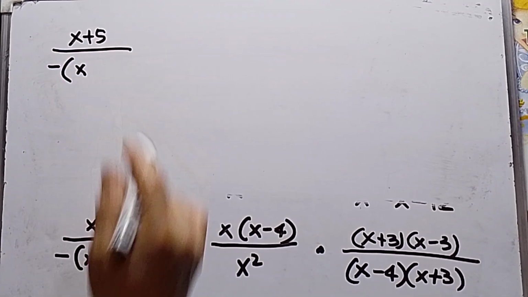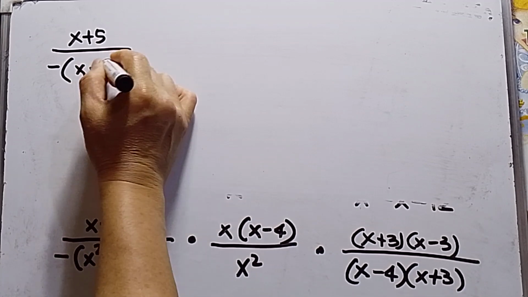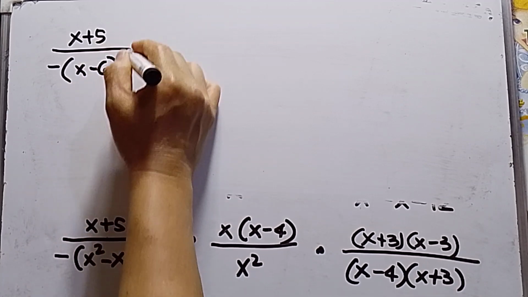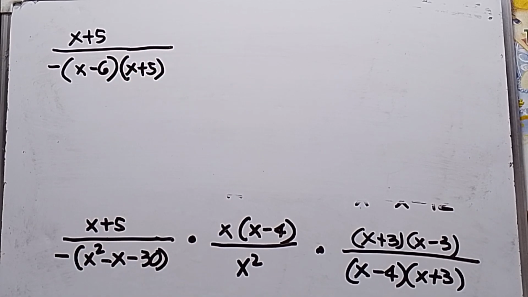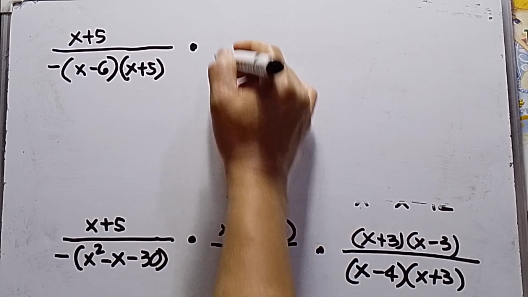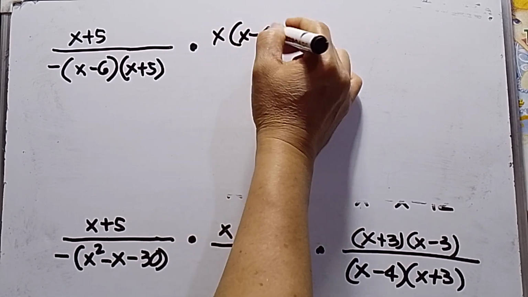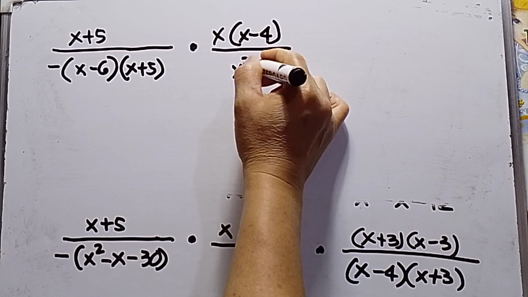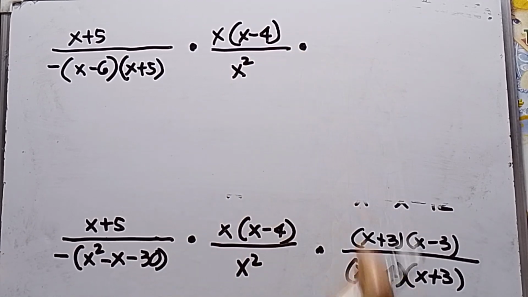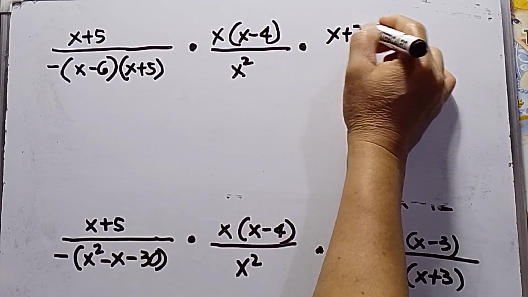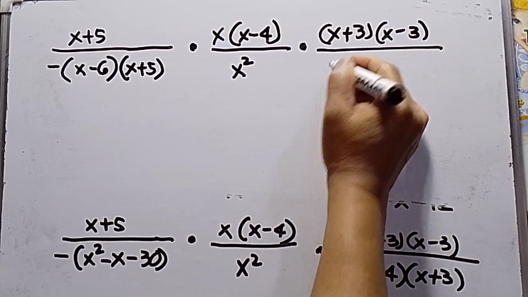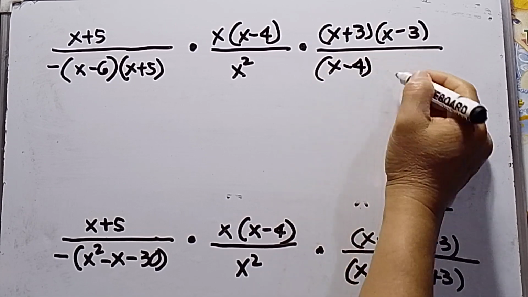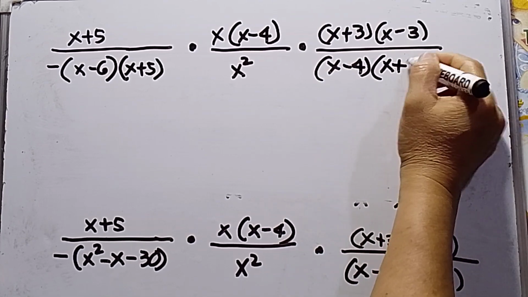It should be x minus 6, then x plus 5 times x minus 4 over x squared. Then times, copy this one, x plus 3, x minus 3 over x minus 4, and then x plus 3.